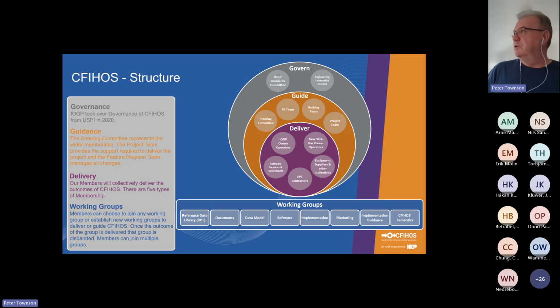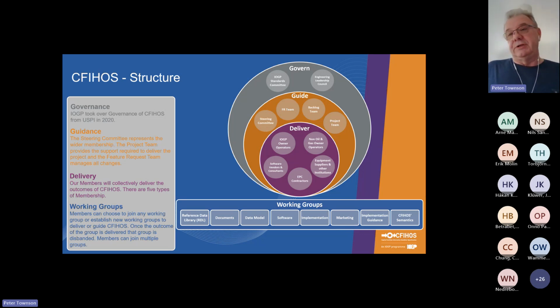And then we have another group, whose name is perhaps confusing, which is what we call the Implementation Guidance Group, and that is made up predominantly of EPC contractors. The reason that we formed that group was because, while CFIHOS was being implemented, and is now widely implemented, we were finding that in some instances the lineage or the visibility of CFIHOS within a contract wasn't necessarily as good as it could be, say from the owner operator to the EPC contractor.